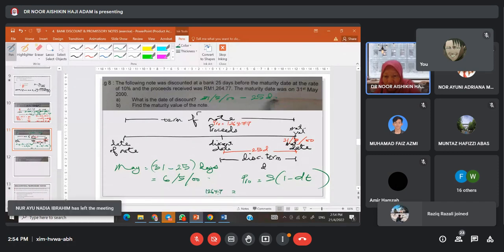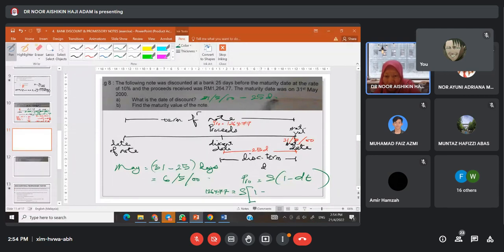Proceeds is given as 1264.77 as you nak kena cari times 1 minus mana discount rate given ke? 10%. At the rate of 10%. So your discount rate is 10% D. Sebab antara discount date dengan maturity date, you ada discount term and the discount rate.